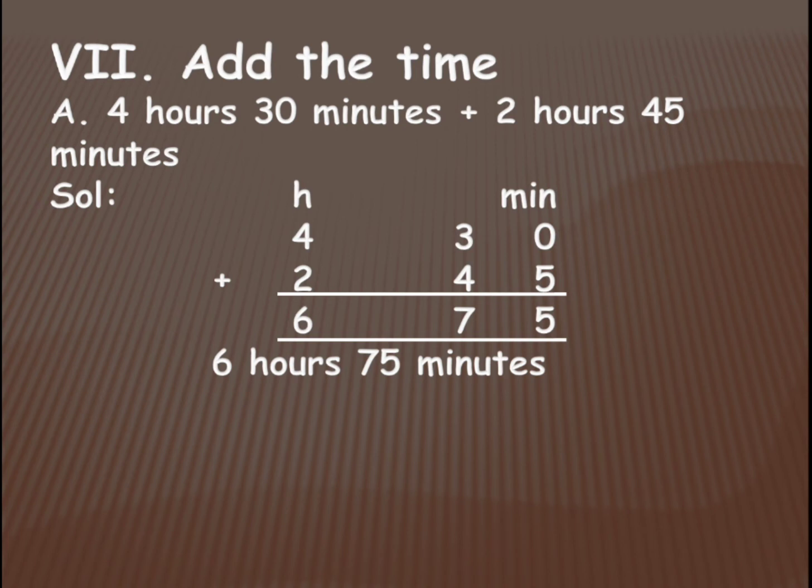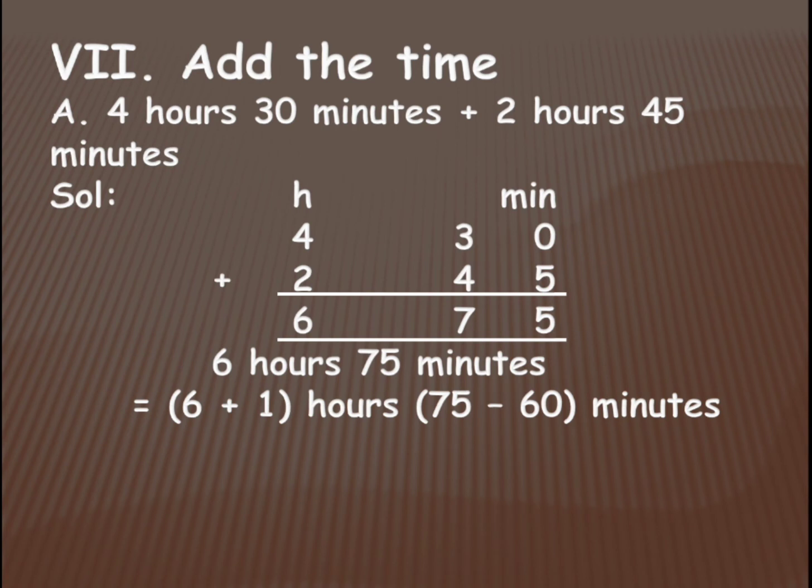So for that, what you will do is remove 60 minutes, which becomes 1 hour. That 60 minutes, you will add it as 1 hour in the hours. Okay. 6 plus 1 hour. Where do you get this 1 hour? Here from 75 we have subtracted 60 minutes, and that 60 minutes is nothing but 1 hour, which we are adding in the hours.